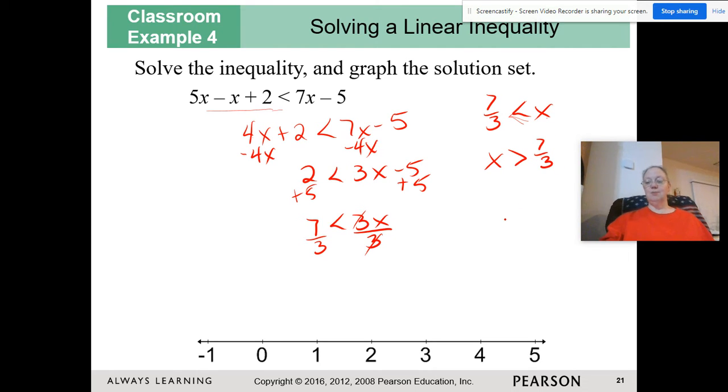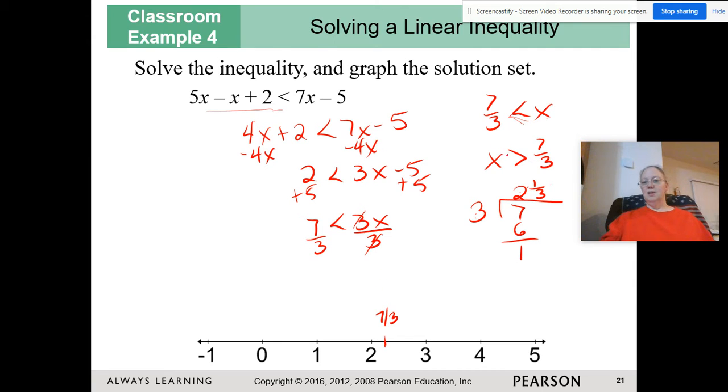No, I don't want the answer as a mixed number, but by the way, do you remember how to make it a mixed number? 3 goes into 7 twice, and we have a remainder of 1. So that's 2 and 1/3, which means that it's going to be somewhere between 2 and 3, probably a little bit closer to 2. So here, right here, label it with 7/3.